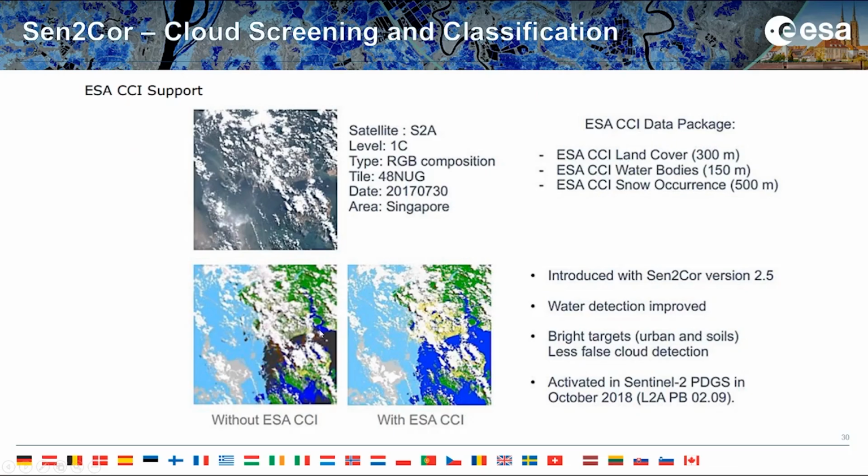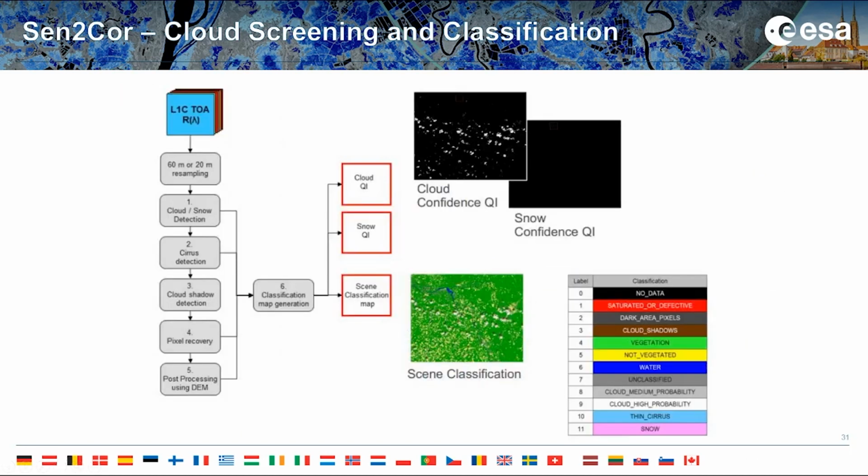This is without ESA CCI inputs, and this is with ESA CCI inputs. As I said, this is the classification map. So you have no data, saturated pixel, dark area pixel, cloud shadow, vegetation, non-vegetated, water, unclassified, clouds, thin cirrus, and snow.